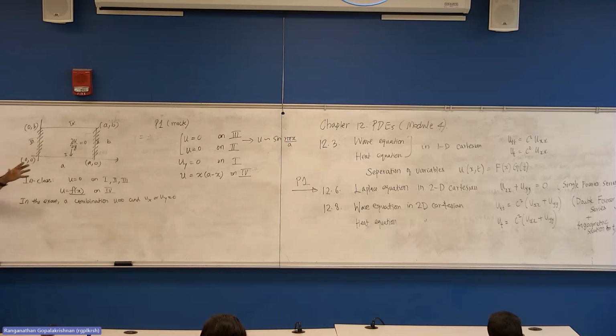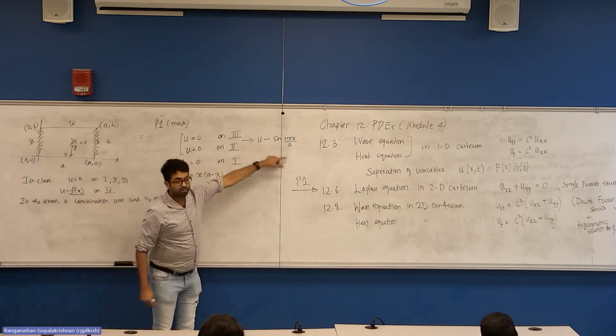Because when you separate the variables, you are going to get f of 0 and f of a. One of them will imply the arbitrary constant multiplied with the cos is 0, and the other will imply n pi by a.